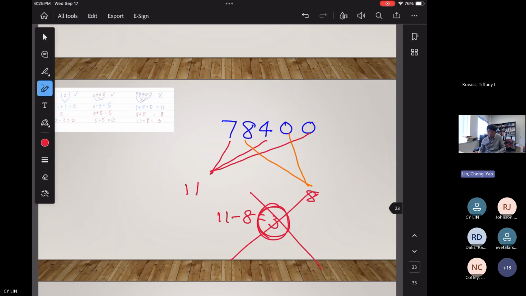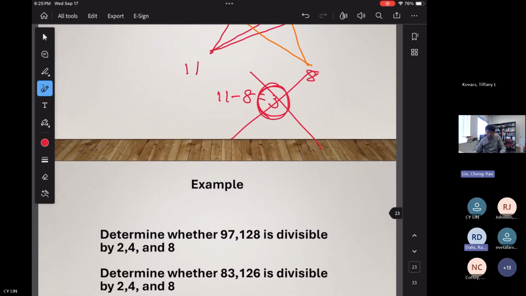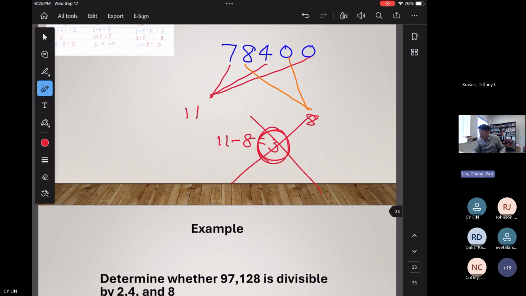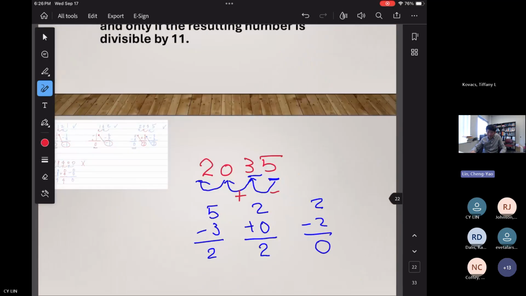No. So therefore, no. This is not divisible by 11. I like the second method better. Okay. All right. So that's the divisibility rule for 11.